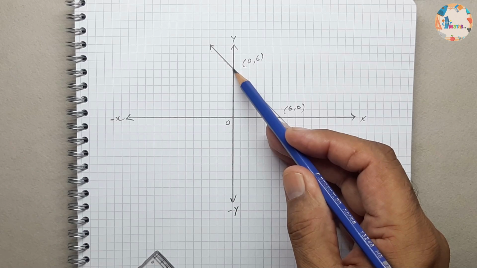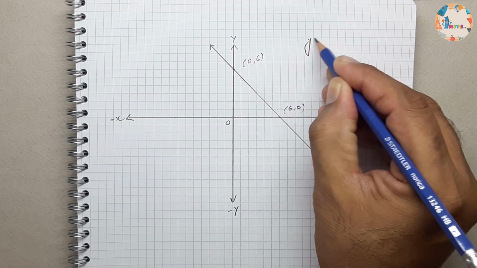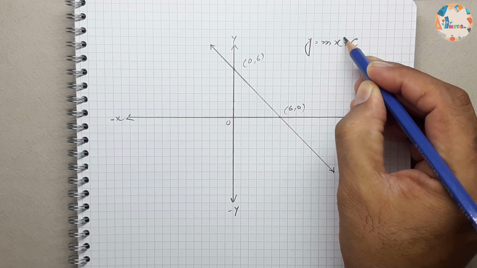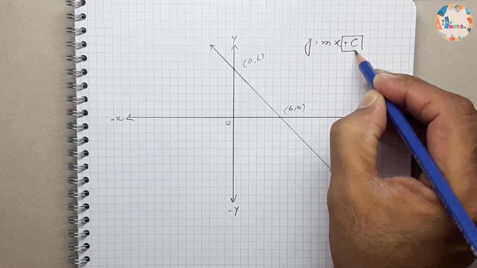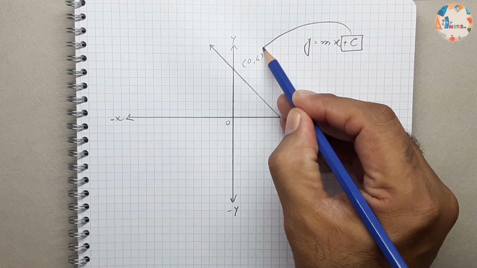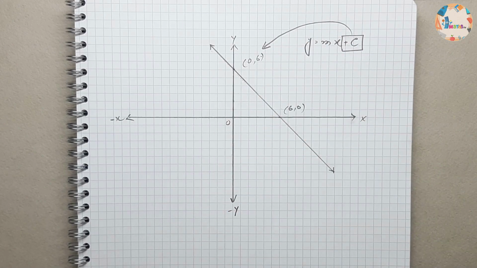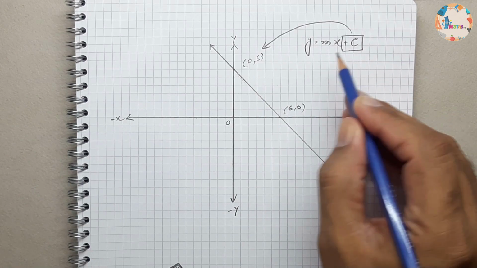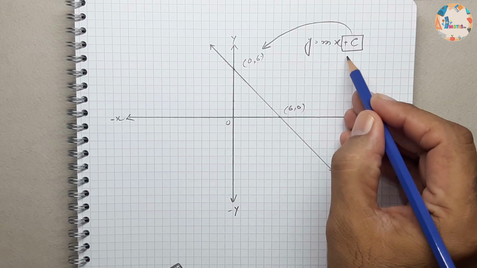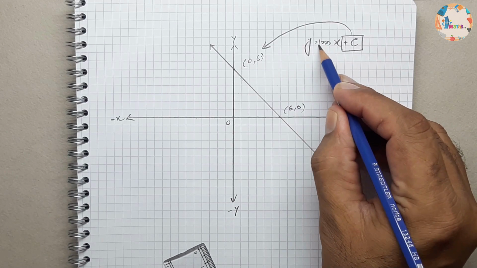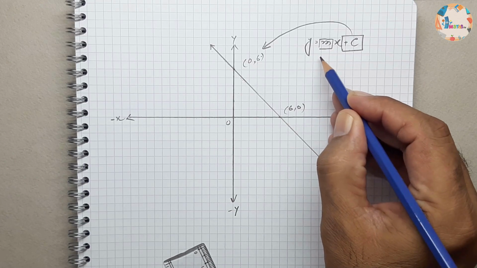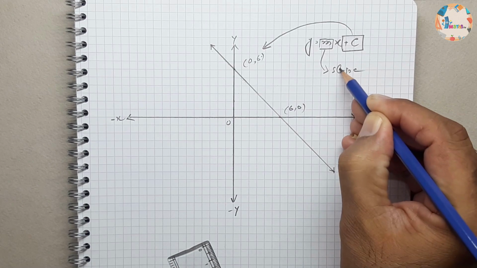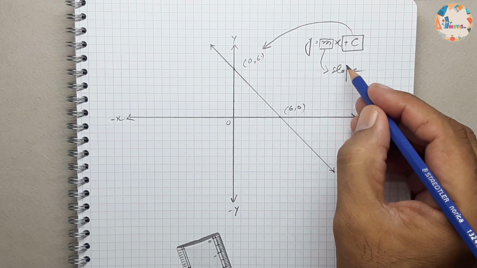This will be the y-intercept, and when we write the equation y is equal to mx plus c or mx plus b, this portion is indicating that this is the y-intercept. In this case it is plus 6, so the value of c is plus 6 in this situation, and this m value is indicating the gradient or slope of this line, the steepness of the line.